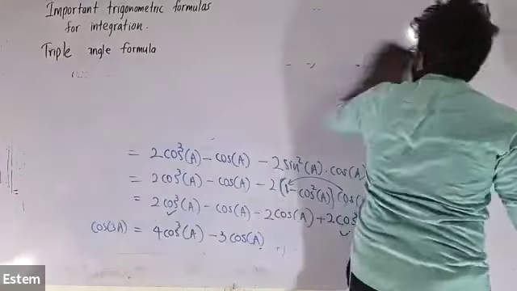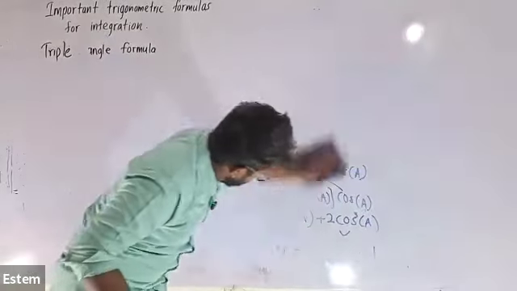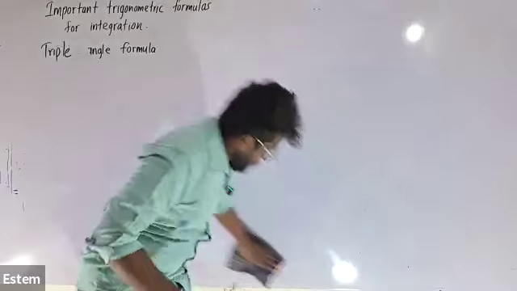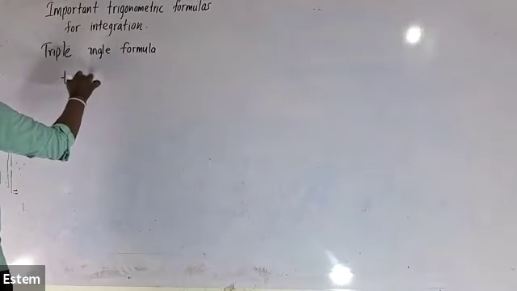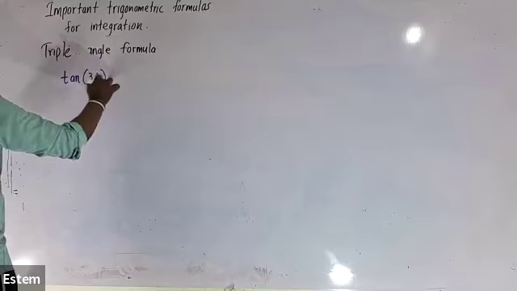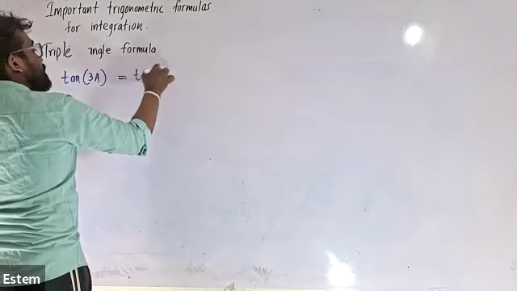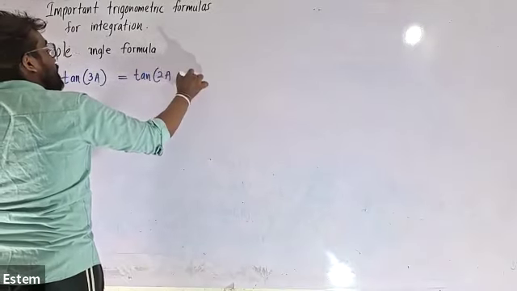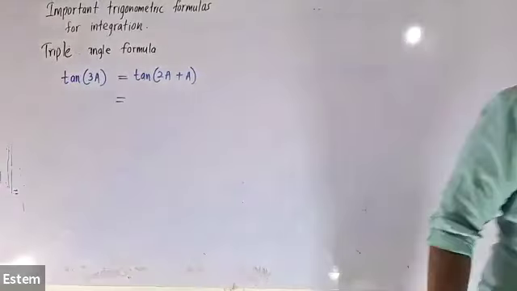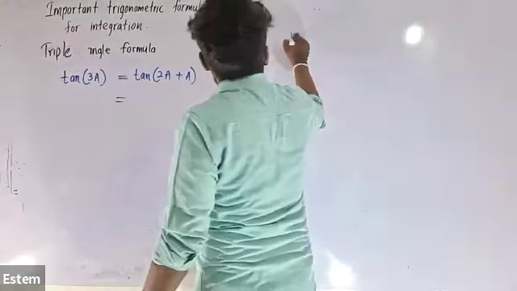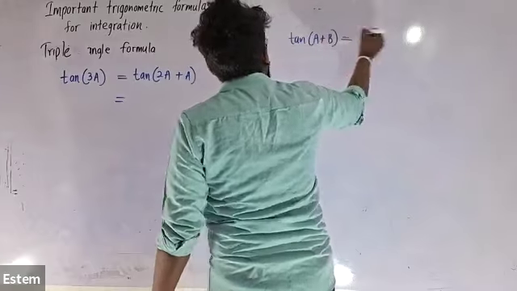Then tan 3A. Tan 3A is also the same. Tan 2A plus A. You try this at home because you know the formula for tan A plus B, no?